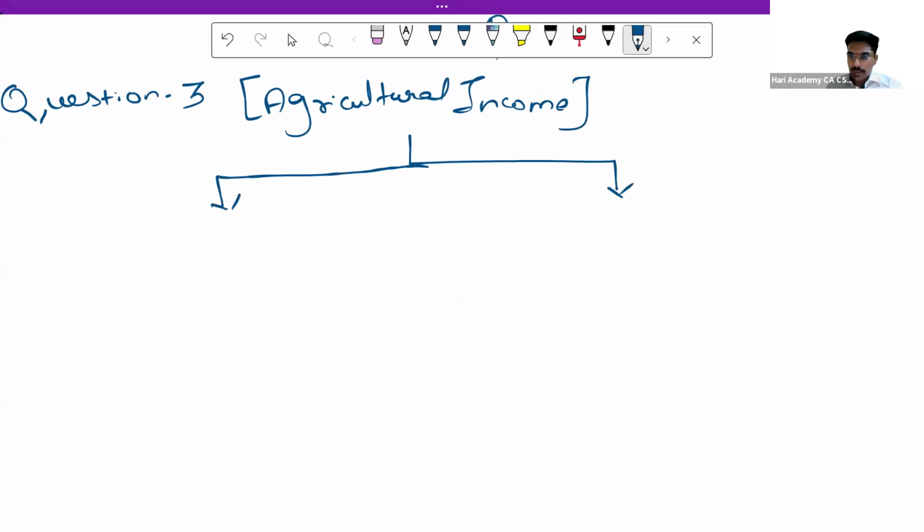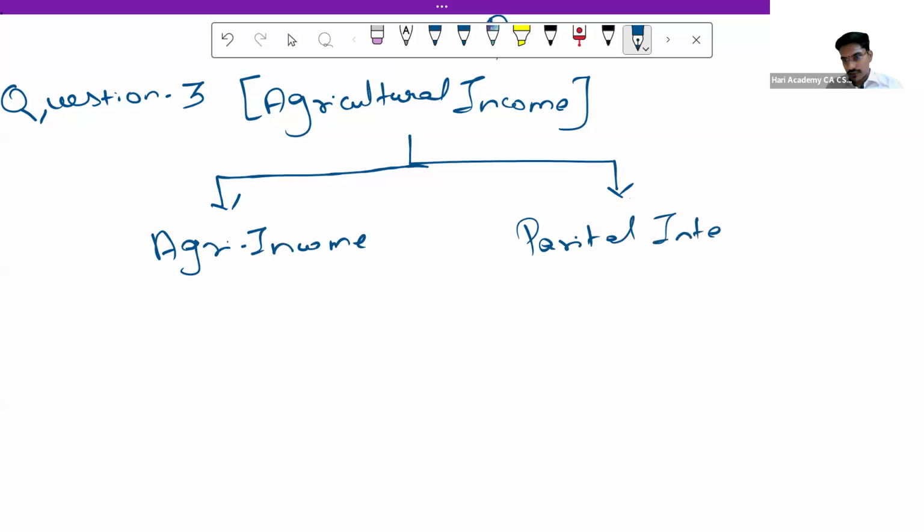First one is: what is the agricultural income, what amount is exempt, what is agri income? Next one is the partial integration method.